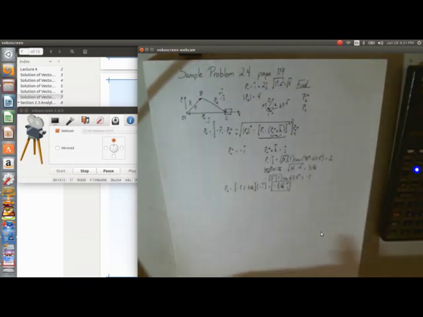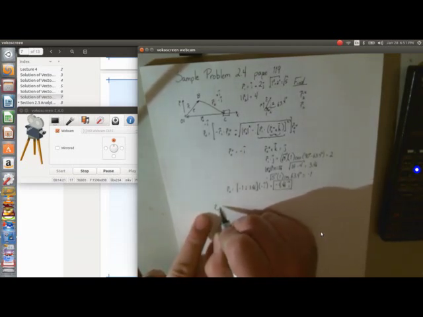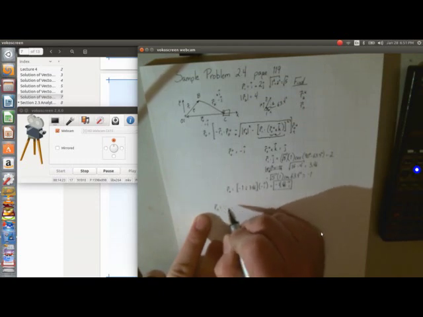Second equation looks like this. And again, just substituting things into the equations in the notes.